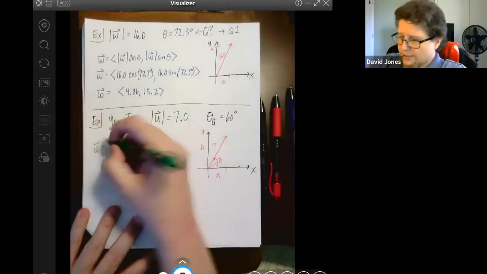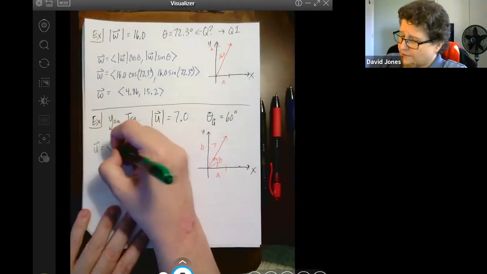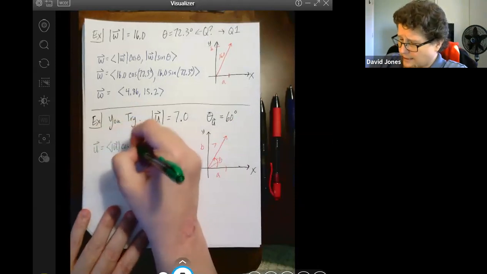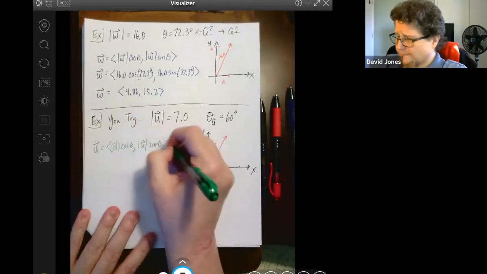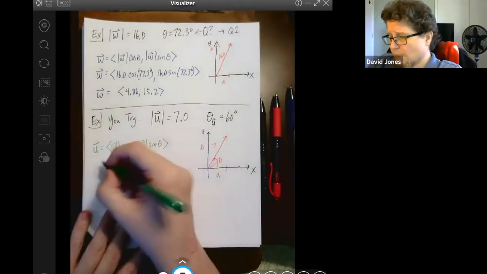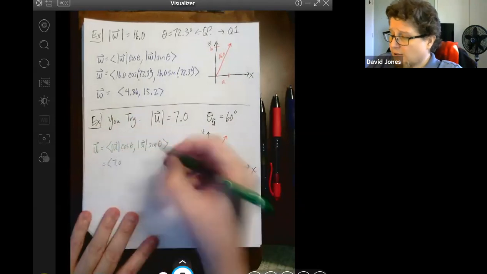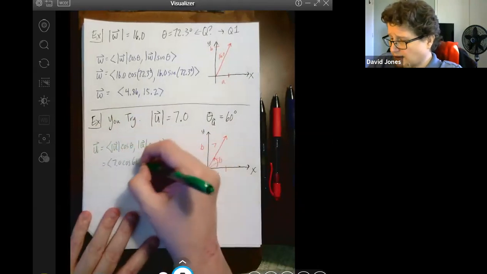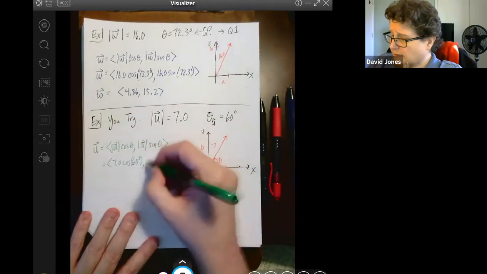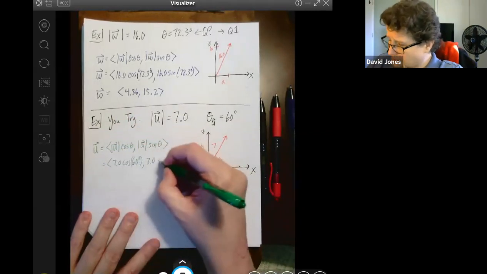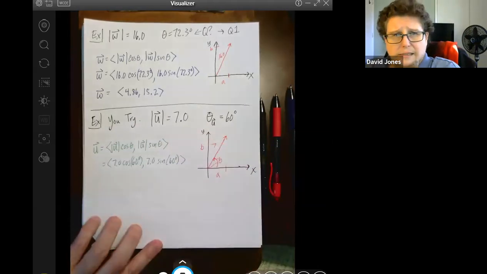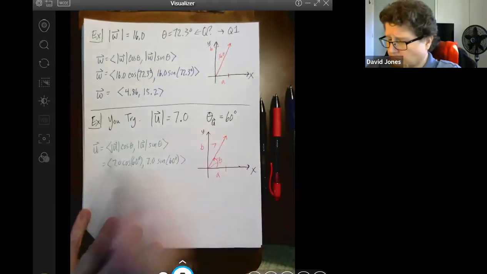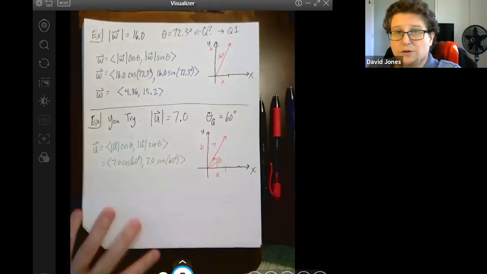U equals the magnitude of U cosine of theta, magnitude of U sine theta. Cosine of 60. Cosine of 60 is what value?